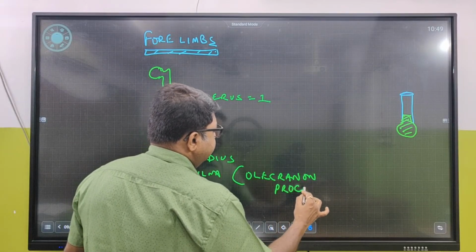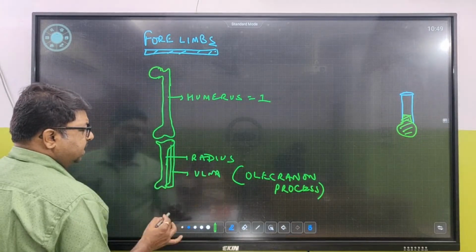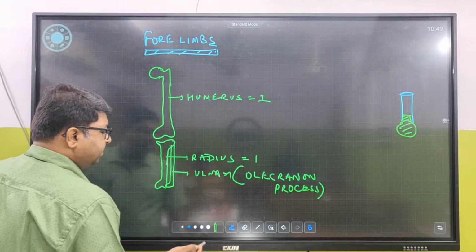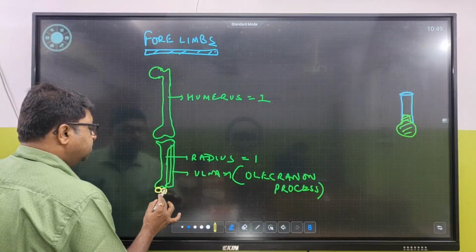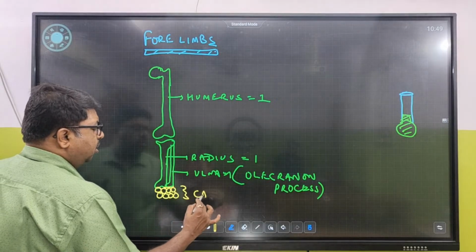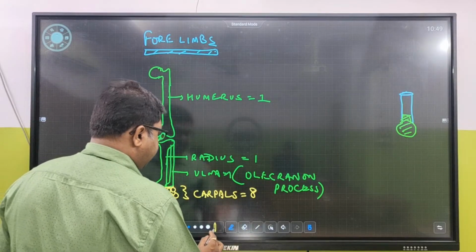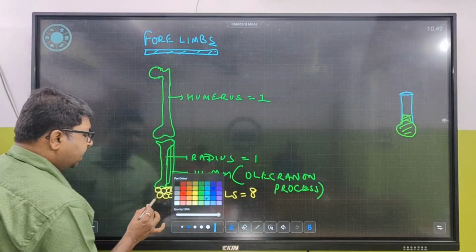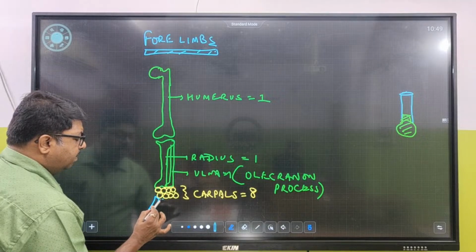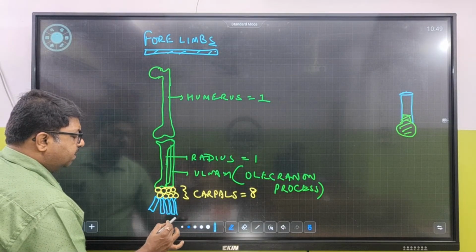Ulna is one bone, and then 1, 2, 3, 4, 5, 6, 7, 8. So there are 8 bones called carpals. And then you can see there is a metacarpal, which is an extension of the carpal. There are 5 bones called metacarpals.